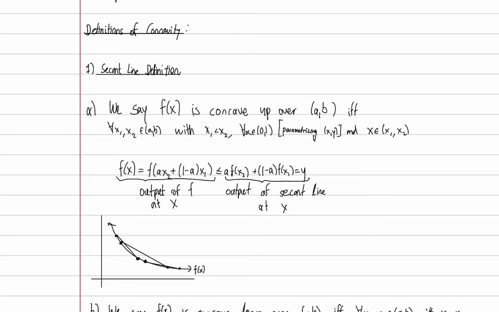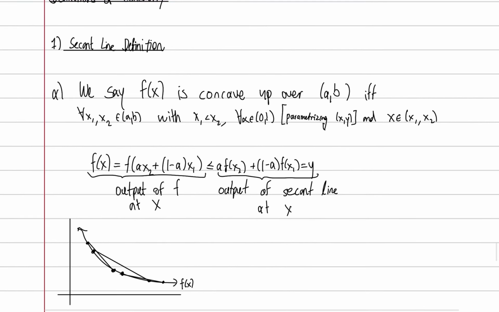So we say f is concave up, or convex, over a comma b if and only if for any two x1 comma x2 in the interval with x1 less than x2, and for all alpha in 0 comma 1, we're parameterizing x comma y. And then x is of course between x1 comma x2, but we don't care about x. I'm just saying what x is. We can describe it using alpha.